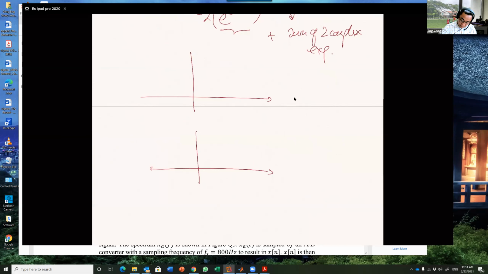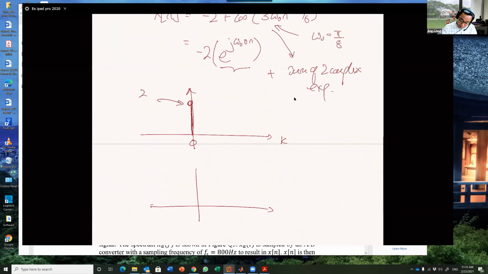You will have 0 for k. This one is 2. See, this is minus 2. What is minus 2? Magnitude is 2. And in DFT, you must be multiplying by the little n here, so don't forget.